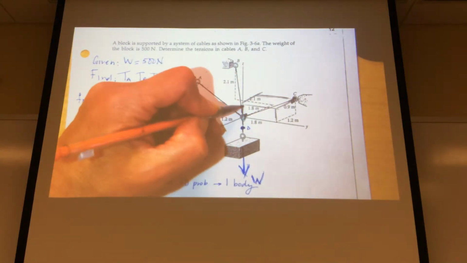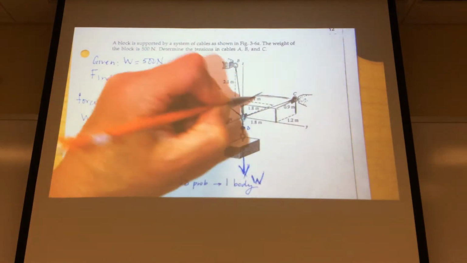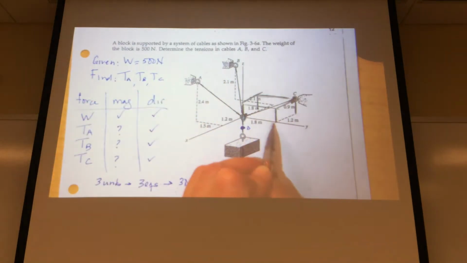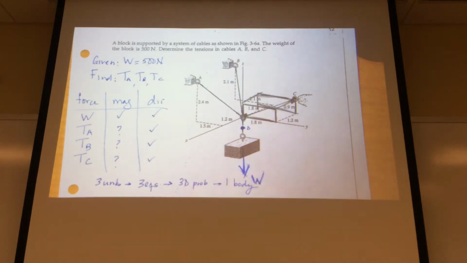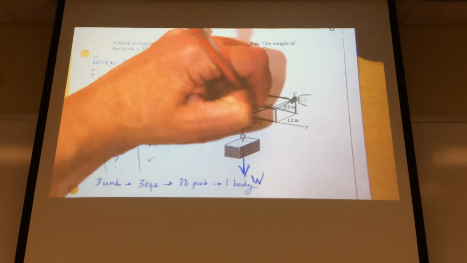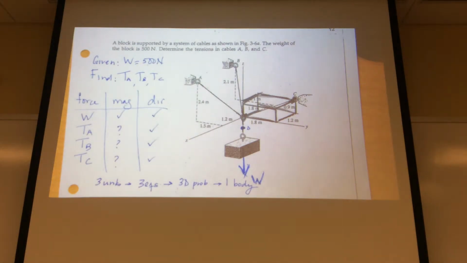So here's my z-axis. I have to have 1, 2, 3, and 4 lines parallel to the z. Here's my y. I have 1, 2, 3, 4 parallel lines to the y. And the x. 1, 2, this doesn't look so good. 1, 2, 3, 4. So boxes might help.